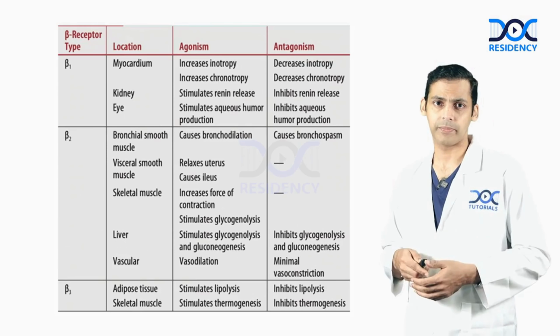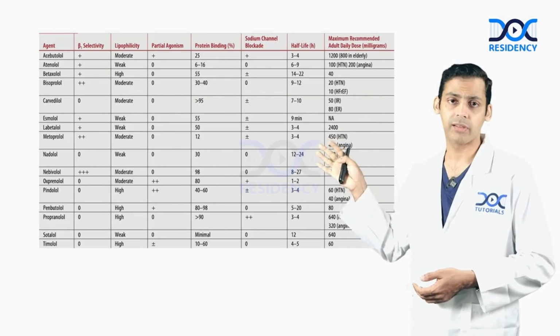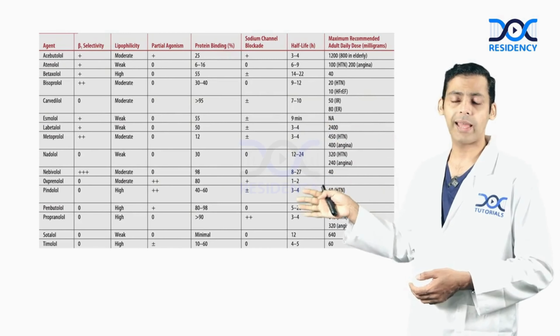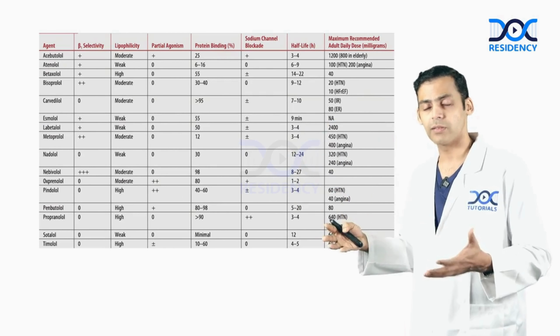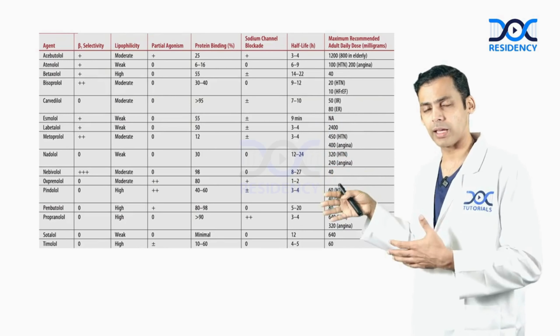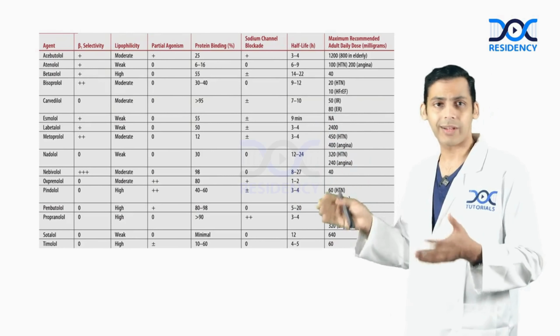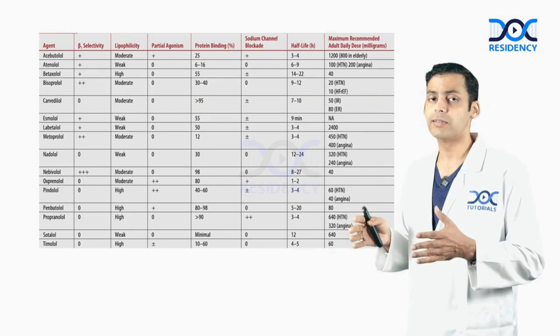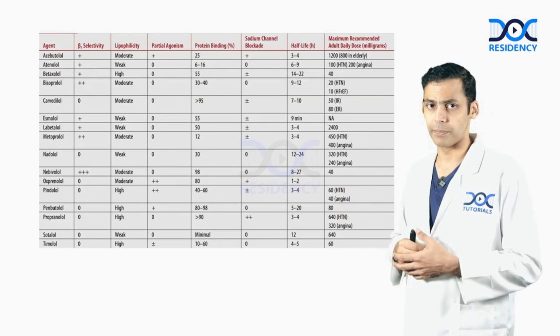Now, there are a lot of beta blockers available in the market and their properties are somewhat different. So the toxic effects will also depend on these varying properties, that is, which drug has been taken in an overdose by the patient. For example, propranolol is the worst beta blocker which can result in toxicity. Why?